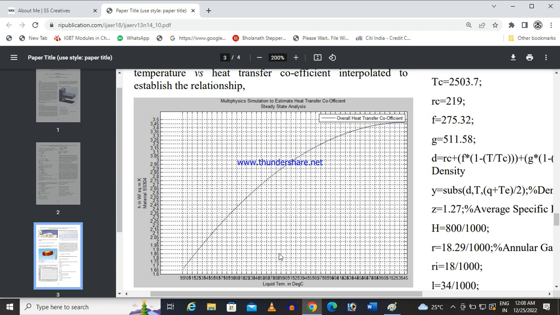This curve is showing the liquid temperature versus the heat transfer coefficient. As I told, it's a function of temperature. At low temperature your heat evacuation is less, and once your temperature is high, it is also high.